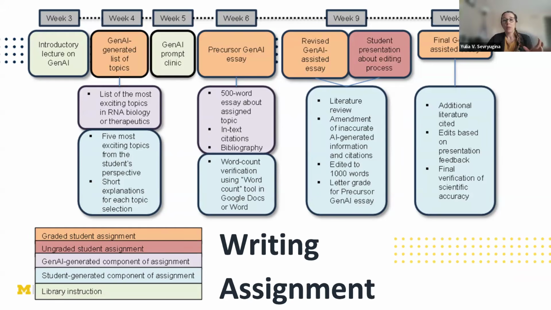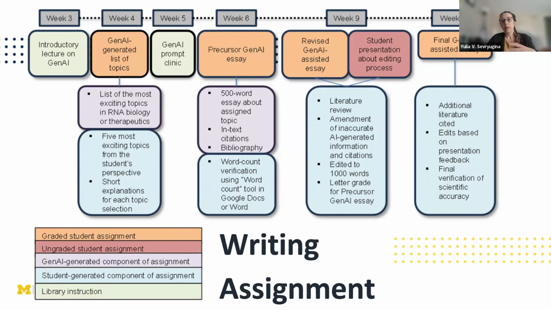And towards the end of the semester, around week 9, students will have to present their drafts of their essays and also present what their experience was with using those tools to develop those drafts. And at this point, we have a feedback discussion session.